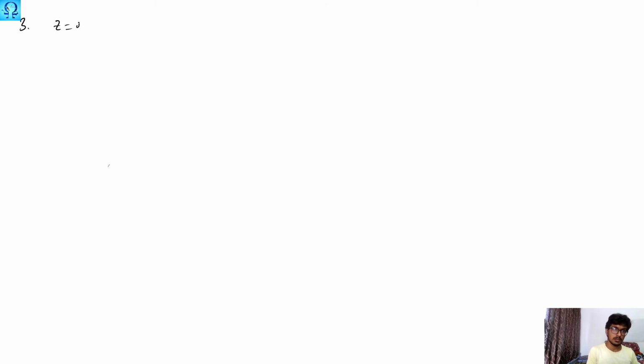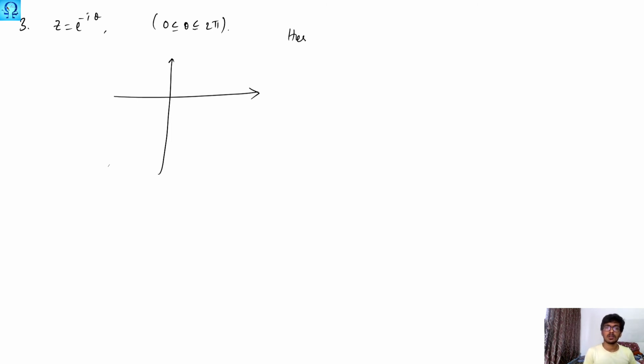z equals e to the power minus iota theta, where theta lies between 0 and 2 pi. The same thing here also. Here your r value is 1. So let me choose a point here, and when my theta increases, here I'll have to move it in the negative direction.